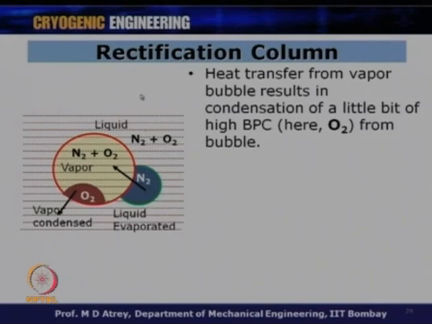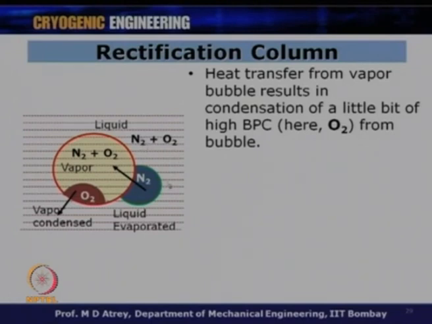This vapor gets a little enriched in the low boiling component, nitrogen, when it leaves this plate, while the liquid here gets richer in oxygen, because the vapor got condensed and nitrogen got evaporated from the liquid.